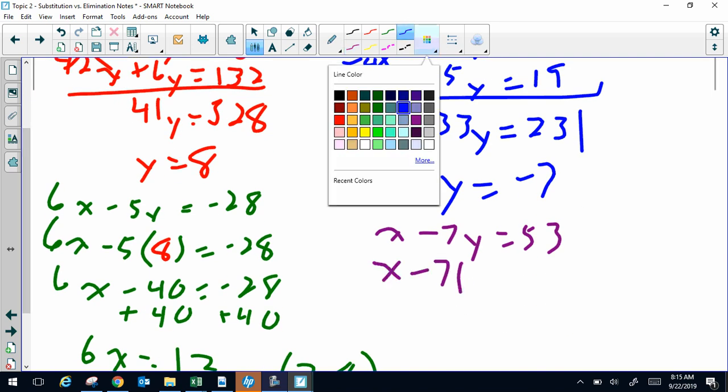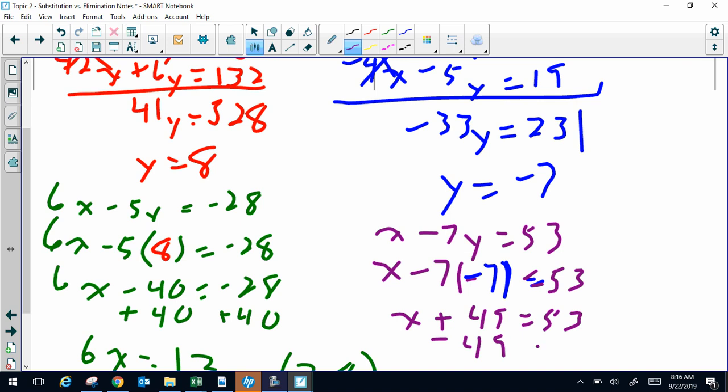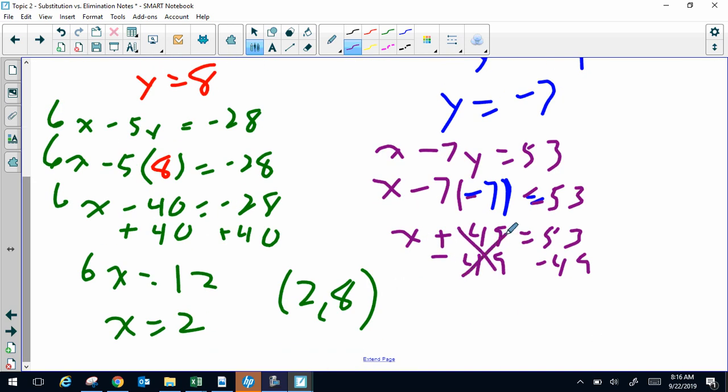Replace it. So x plus 49 equals 53. Subtract the 49 over. So x is equal to 4. So my solution is at (4, negative 7).